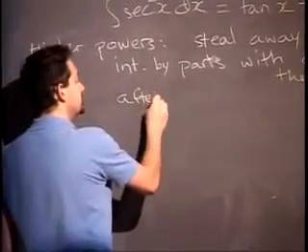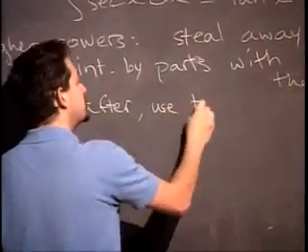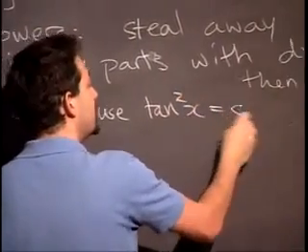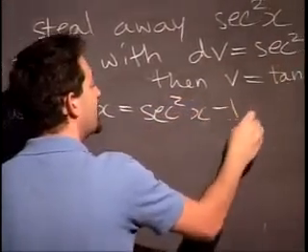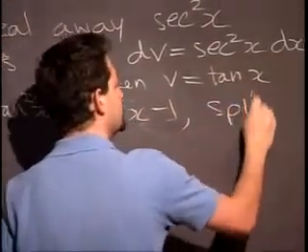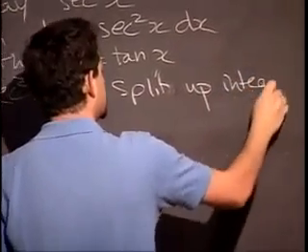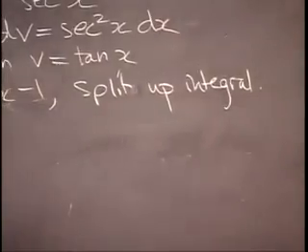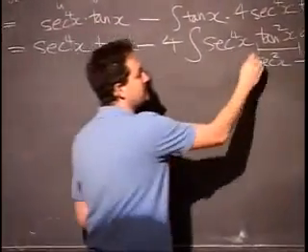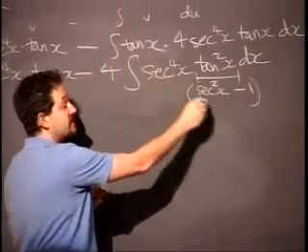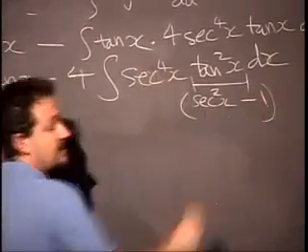After, use tan squared x equals secant squared x minus 1, split up integral. Okay, well, let's do it. When you multiply this out, you're going to get a secant to the 6th and a secant to the 4th.